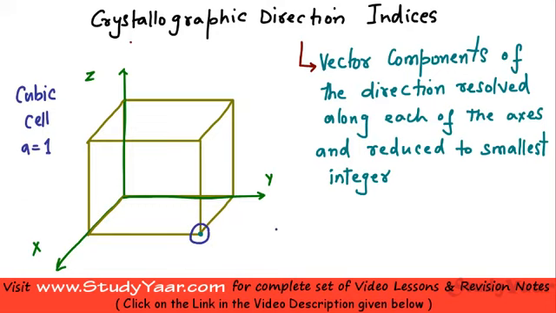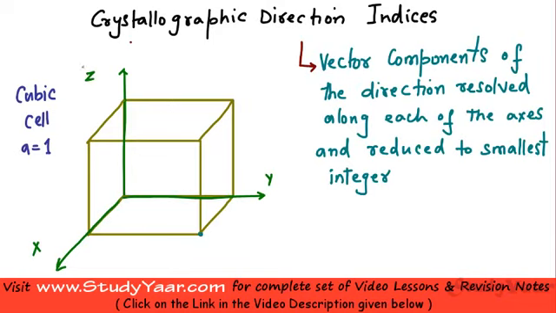I want to specify the direction of this lattice point with respect to the origin over here. Since I have chosen my crystallographic axes like this, my origin is over here. I can choose my crystallographic axes anywhere, and corresponding to those axes I am going to get a different origin.